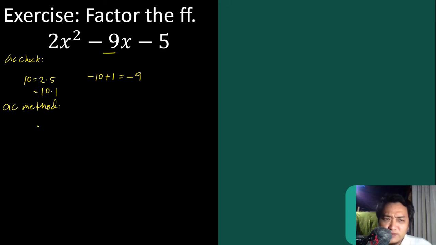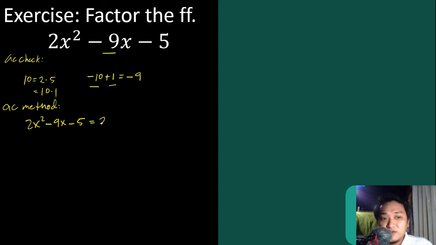So, we're going to factor 2x squared minus 9x minus 5. We're going to expand negative 9x using negative 10 and 1 taken from 10.